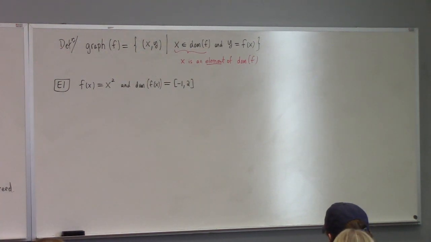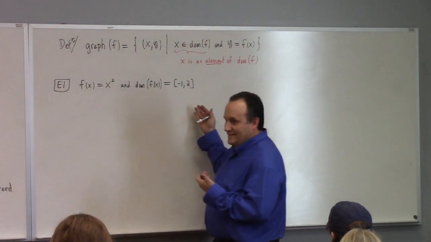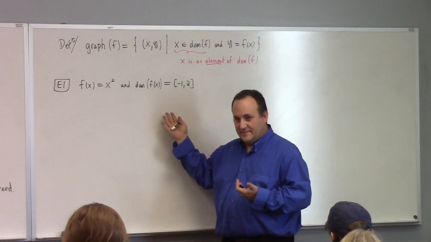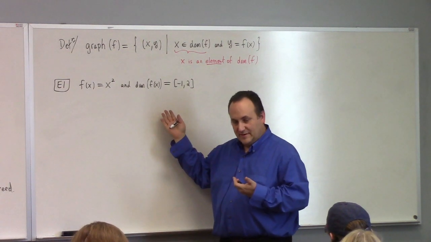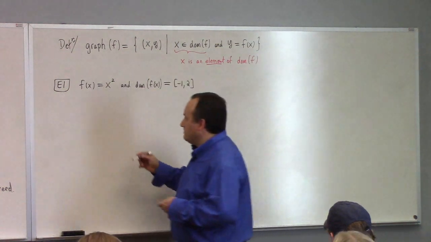My question for you is, and this is a very stupid question, what is the domain? It's -1 to 2, right? Because I said so. You can just state the domain. What's the range in this case?